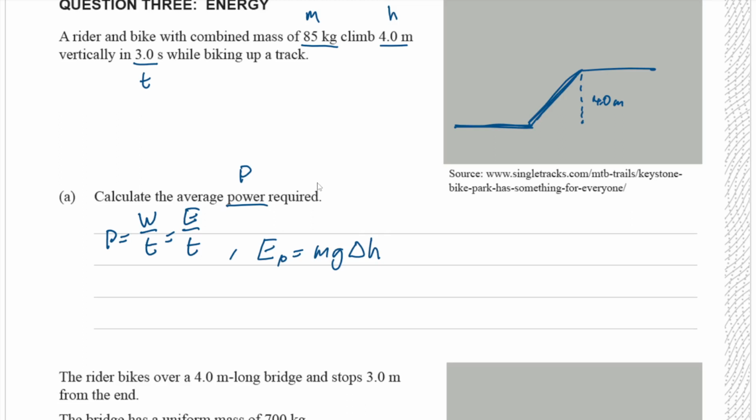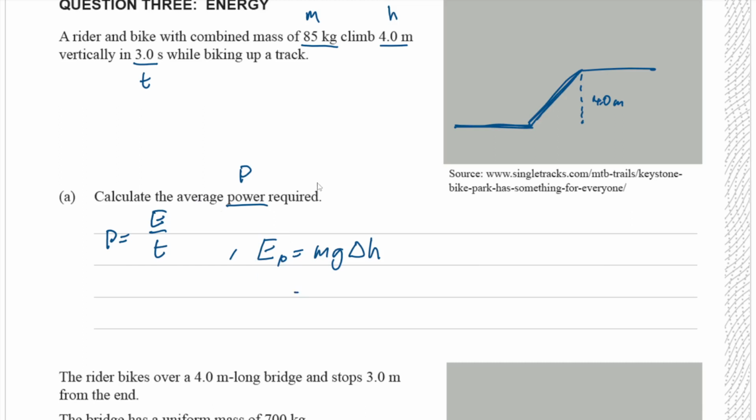Alright, and I'll just clean that up a little bit. The beauty of a digital pen. So we need to find the gravitational potential energy, and then we can substitute that into our equation for the power.